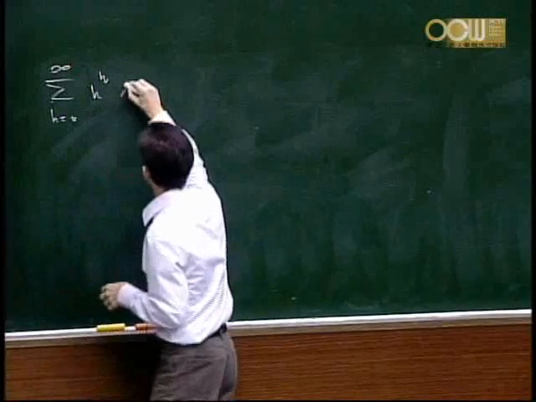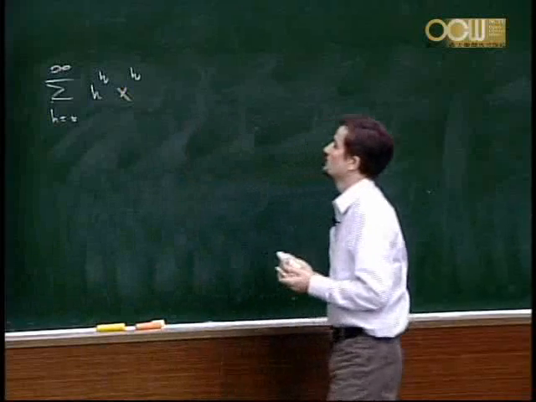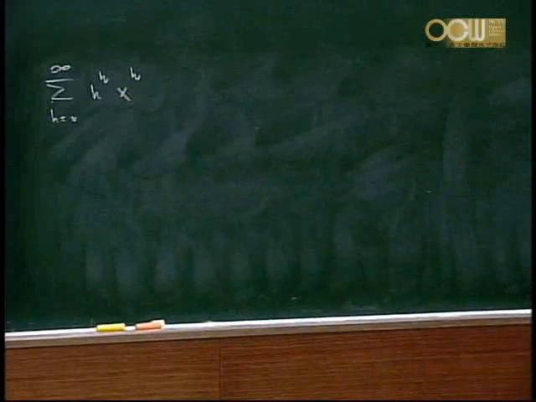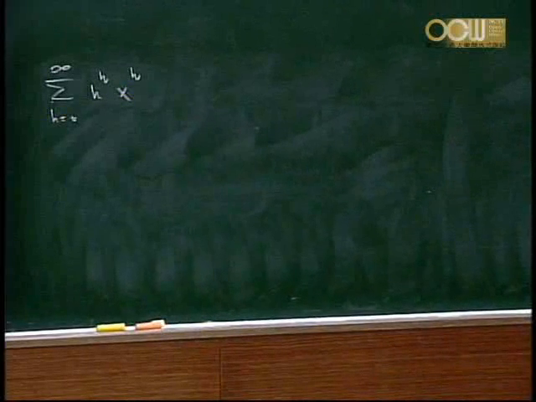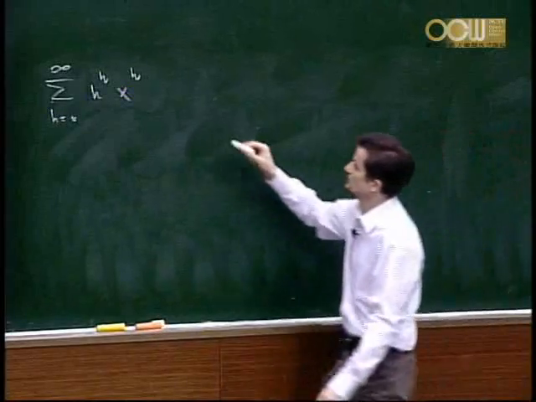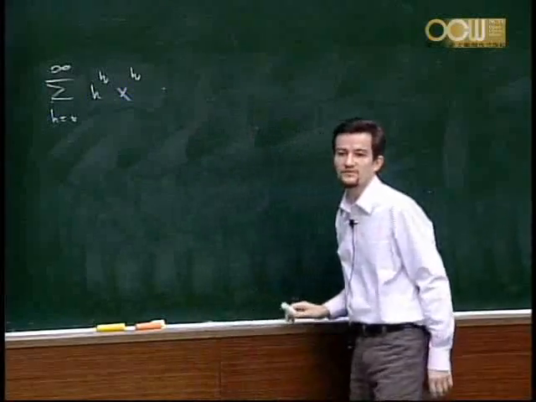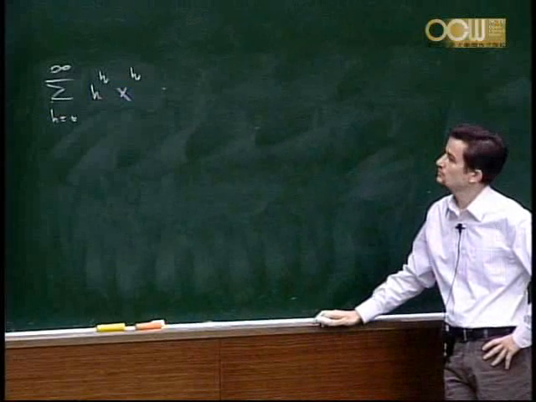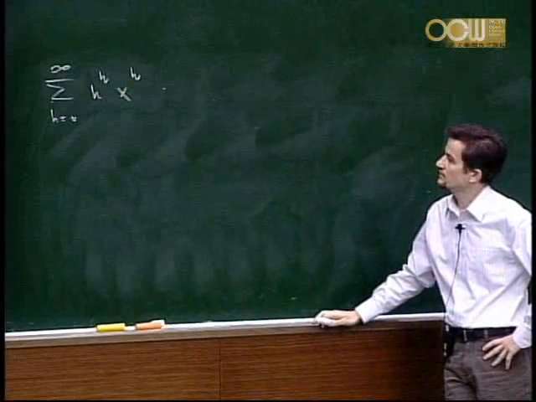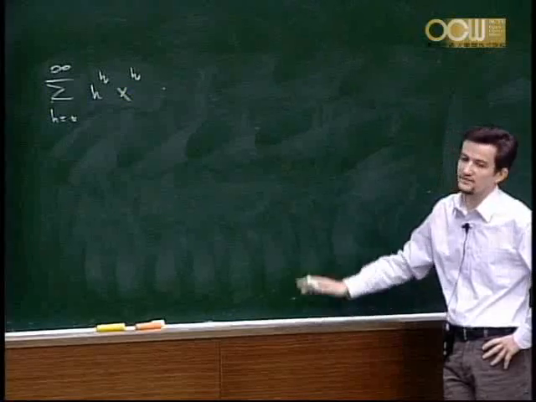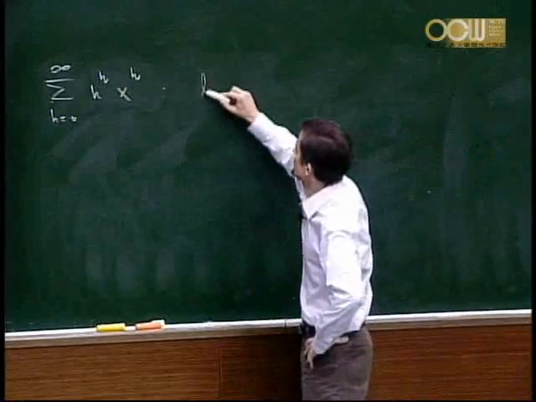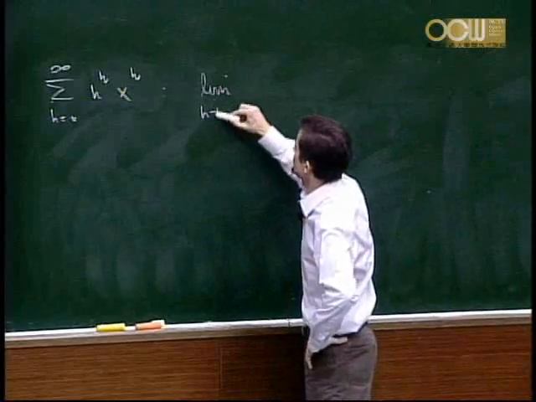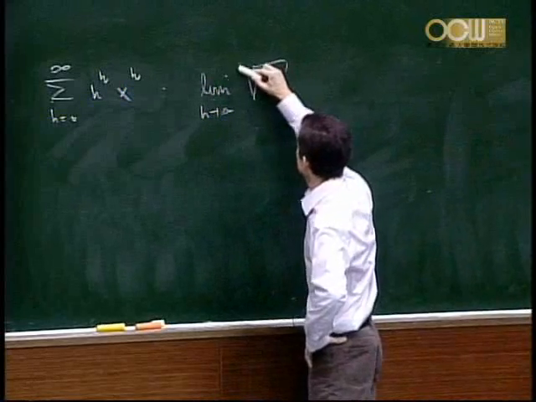n to the n, x to the n. So how about this power series? For which x does it converge? Now we have two tests which are suitable in order to check this: the root test and the ratio test. Because of the structure of this example, we will naturally use the root test.